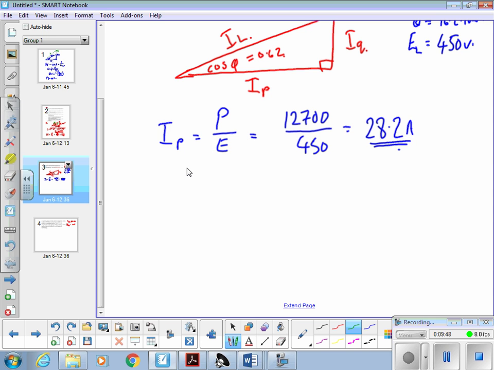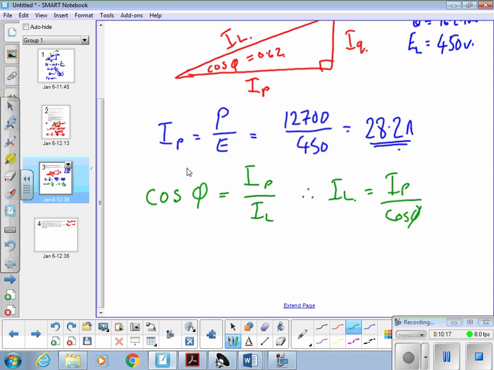If you go that way, what's wrong with using cos theta equal to IP over IL, therefore IL is IP over cos theta?